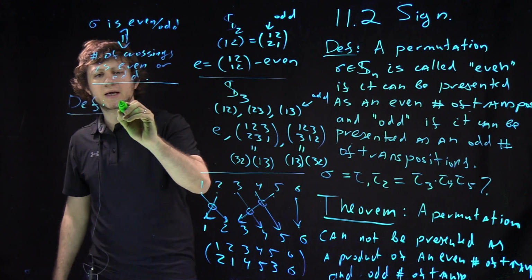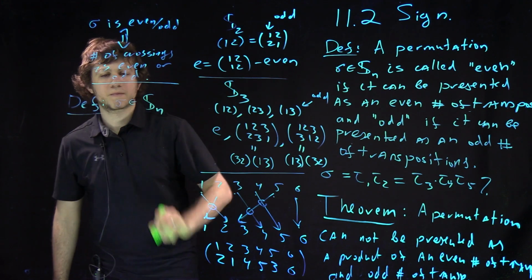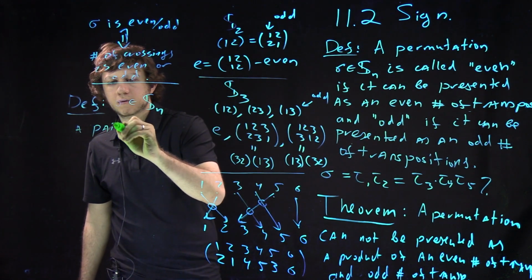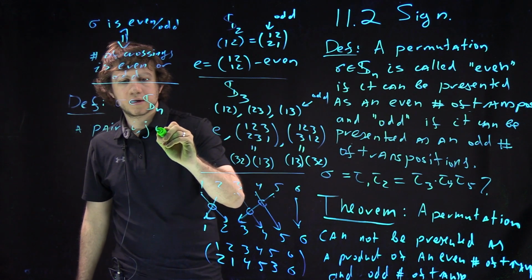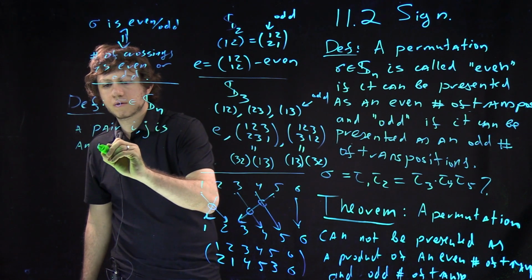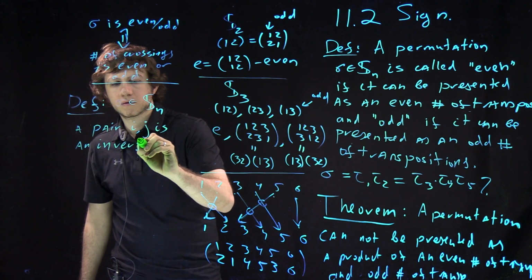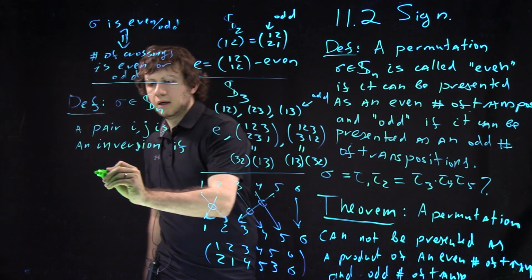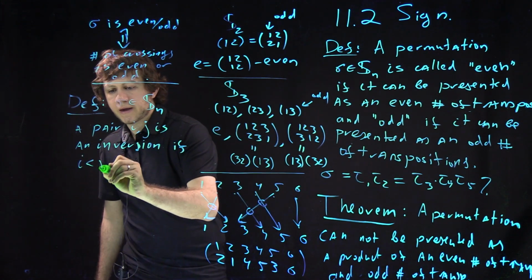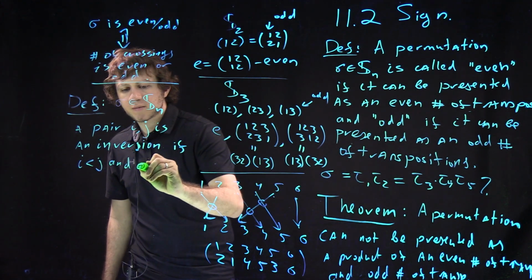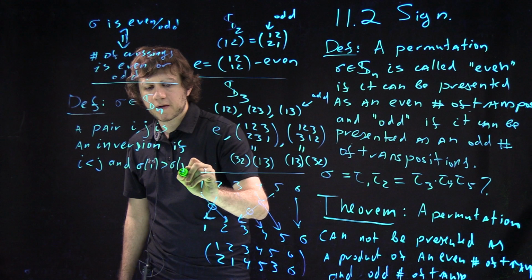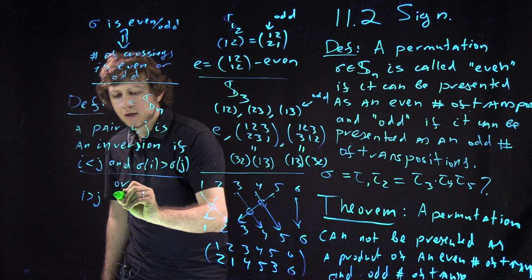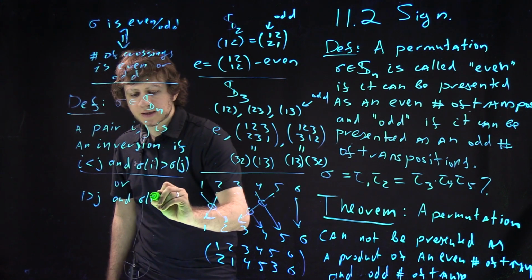So let's take sigma inside Sn. Then a pair ij is an inversion if i is less than j and sigma of i is bigger than sigma of j, or, this is one option, and another option is i is bigger than j and sigma of i is less than sigma of j.